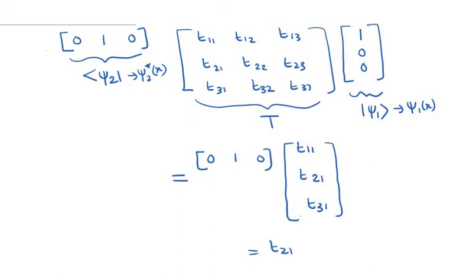Now T21, let me just write it in another way. T21 is basically 0 1 0, then the T matrix, which I write as the matrix representation of T, times 1 0 0.